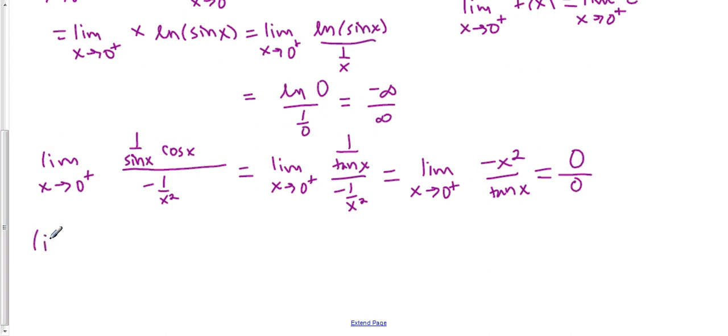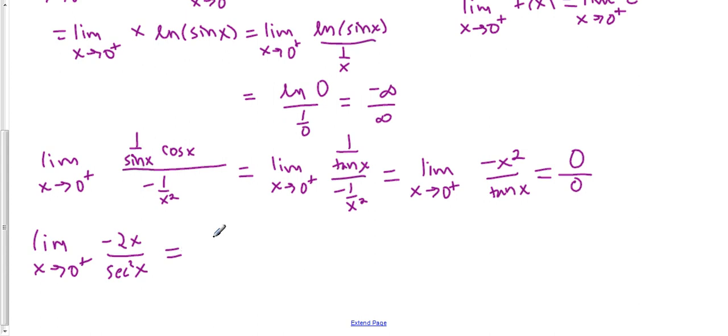So I'm going to have the limit as x goes to 0 from the positive side. When I take the derivative of the numerator, I'm going to get negative 2x. And what's the derivative of tangent x? Yep, it's secant squared x. And I'm going to substitute in again.